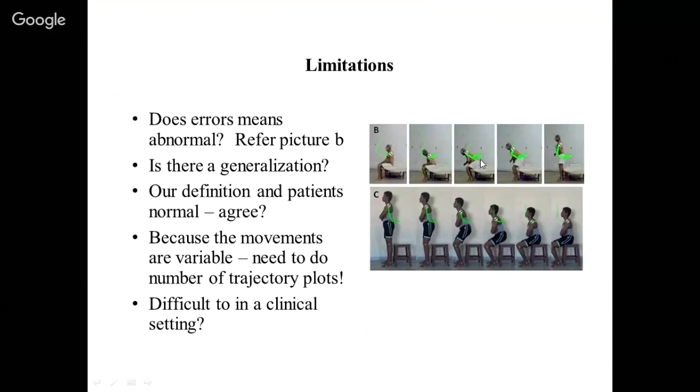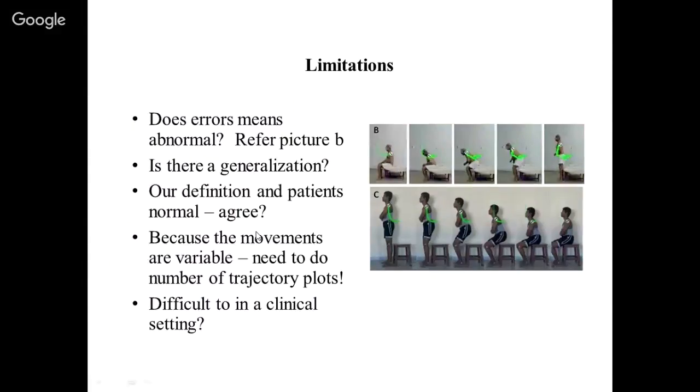So there is a mismatch between what we think is normal and what our patients think is normal. It can also happen the other way. I may think that okay, you are standing up normally, and the patient may think no, I'm standing up abnormally. So there is a definite problem in that. Your Gaussian may say that you're normal or abnormal, but you and your patient may not agree on that.